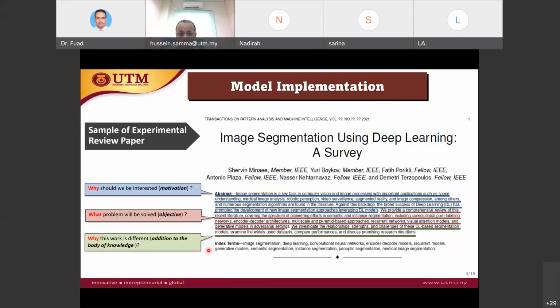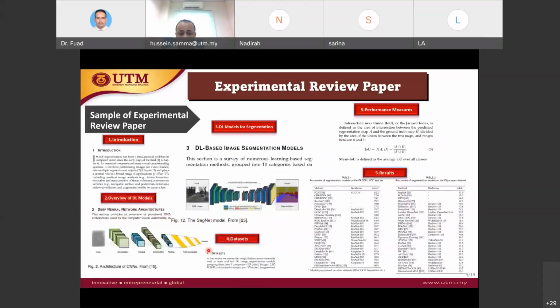Right, so next, after all these points are highlighted clearly, we will move to the internal structure of this kind of experimental review paper. We have the same case study previously mentioned. So here, if we break down this experimental study into the basic components, we should start with the introduction, which any paper should start with.